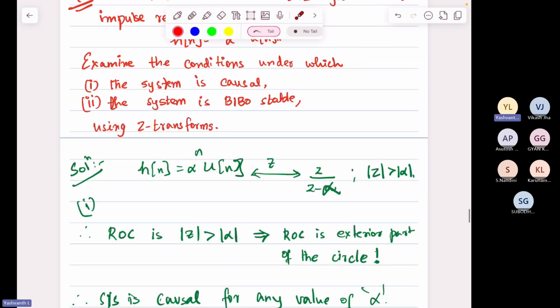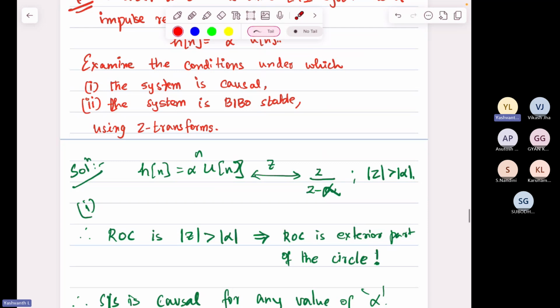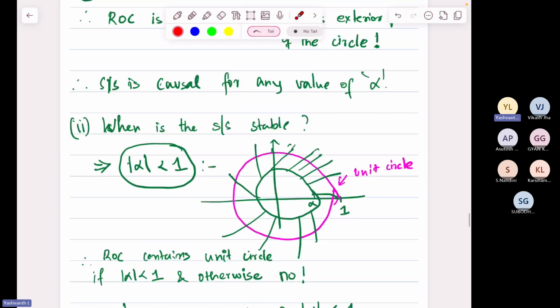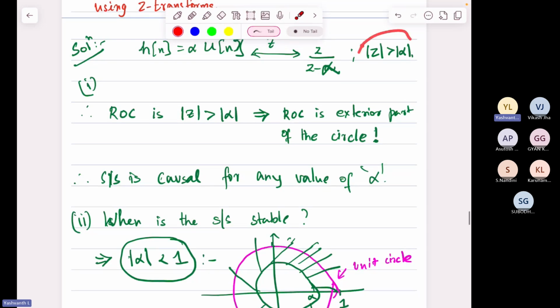Now, second is the condition for BIBO stability. For stability, the requirement is that the unit circle |z| equal to 1 should be part of the region of convergence. Now what I know is that the ROC is the exterior part of the circle with radius |alpha|.